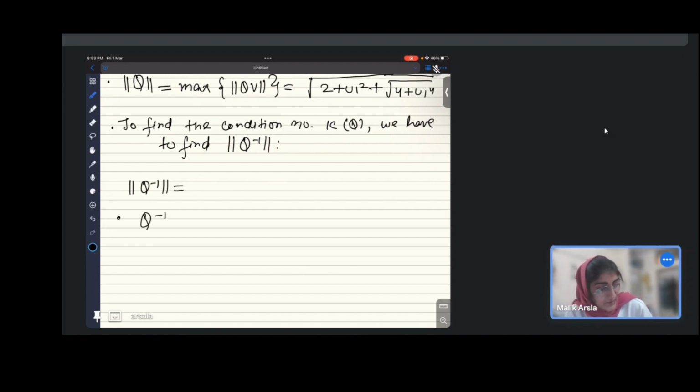First, q inverse will be what? If anyone has calculated, help me here. Tell me what q inverse is. Q inverse will be minus 1 by 2 u1 into 1 minus u1, minus 1, minus of 1 plus u1 and 1.